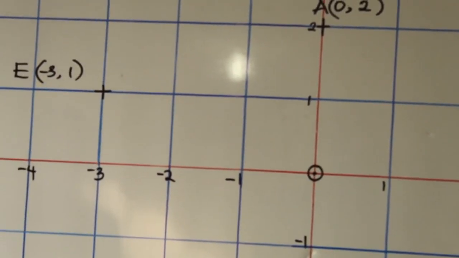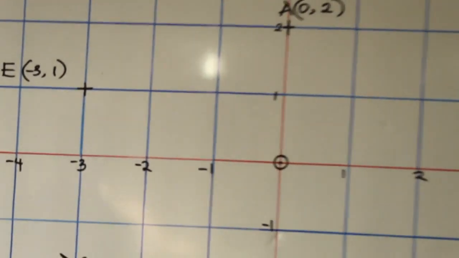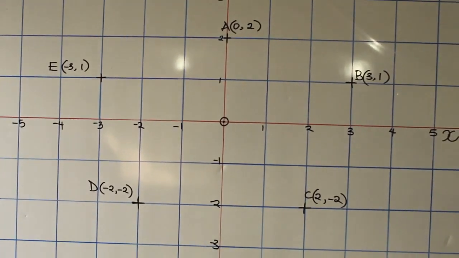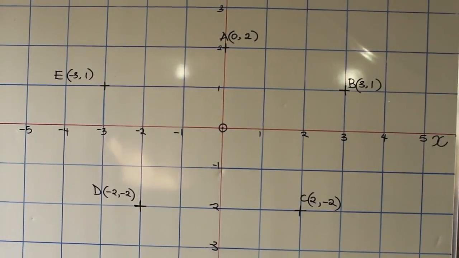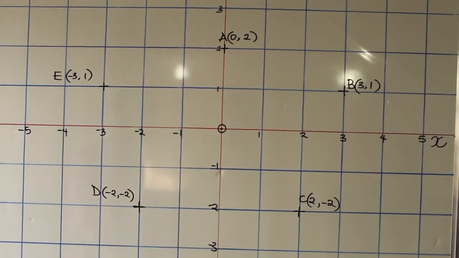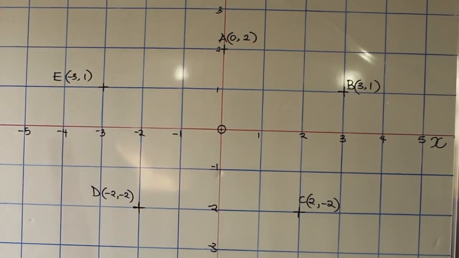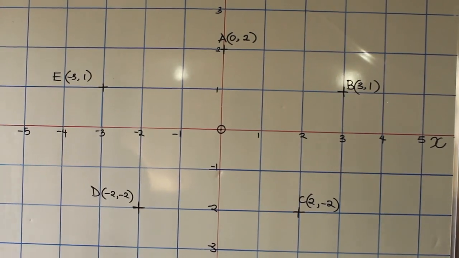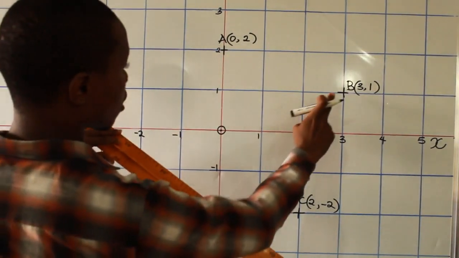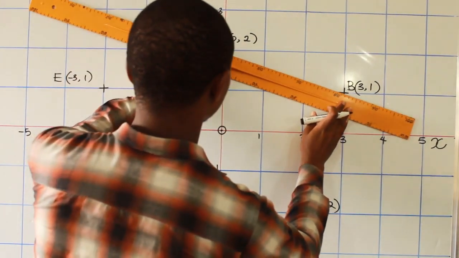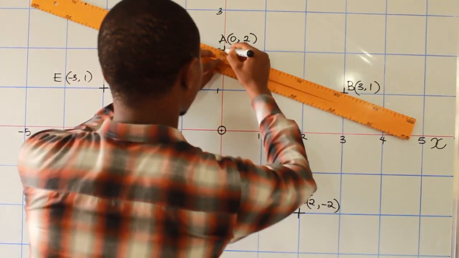Now we've gotten 5 different points, and we are told to join the points in alphabetical order using straight lines. Okay, we are going to draw a line joining point A to point B. This is our point A, and this is our point B, and I'm joining using straight lines.